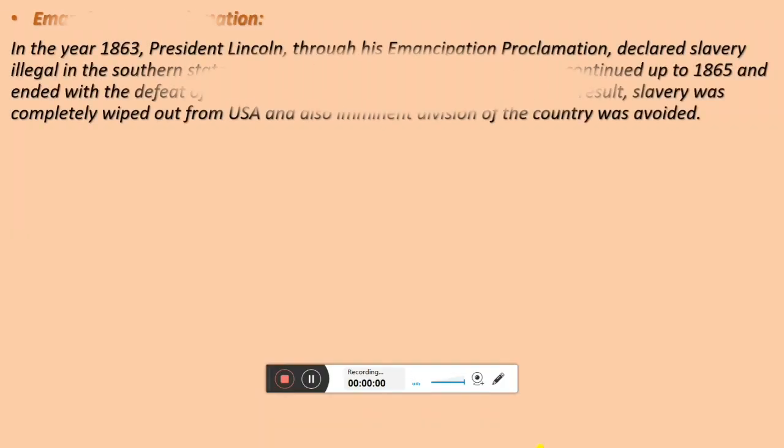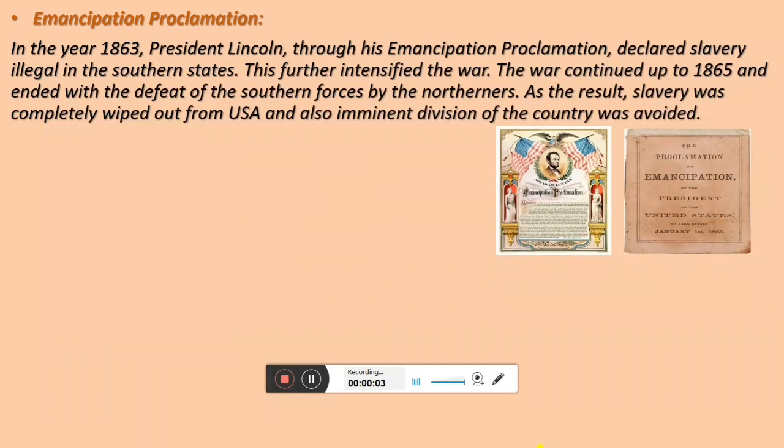Now the next point is the Emancipation Proclamation. The Emancipation Proclamation was issued by President Abraham Lincoln on 1st January 1863, and it granted freedom to the slaves in the Confederate States. Through this proclamation, Abraham Lincoln declared slavery illegal in the southern states.